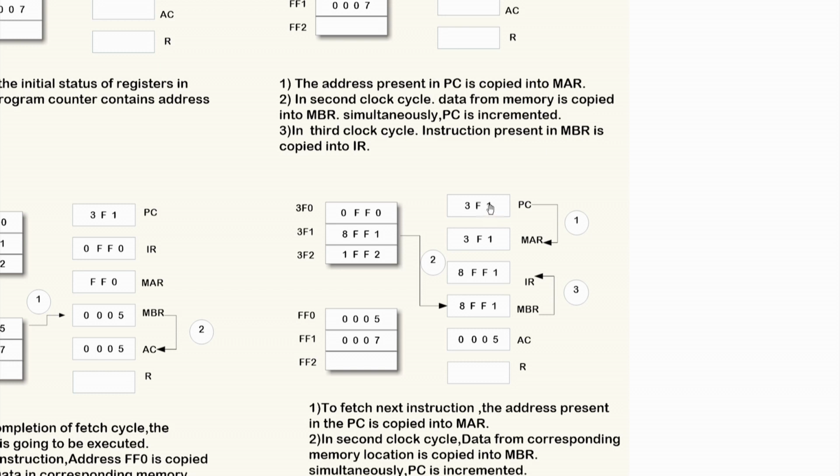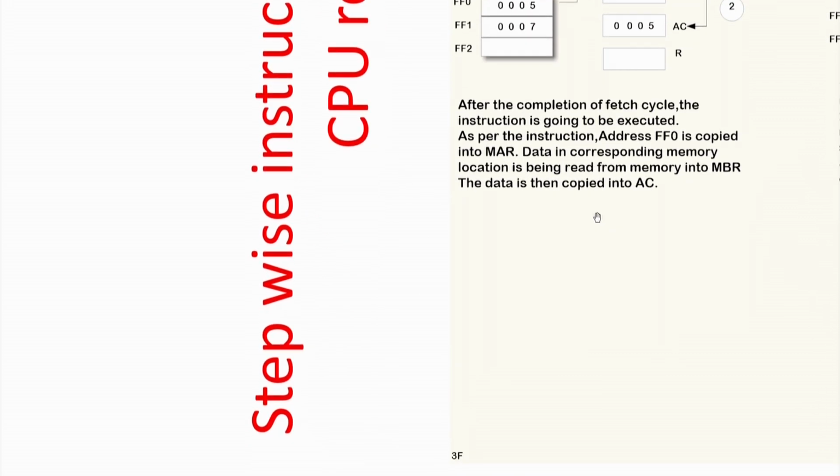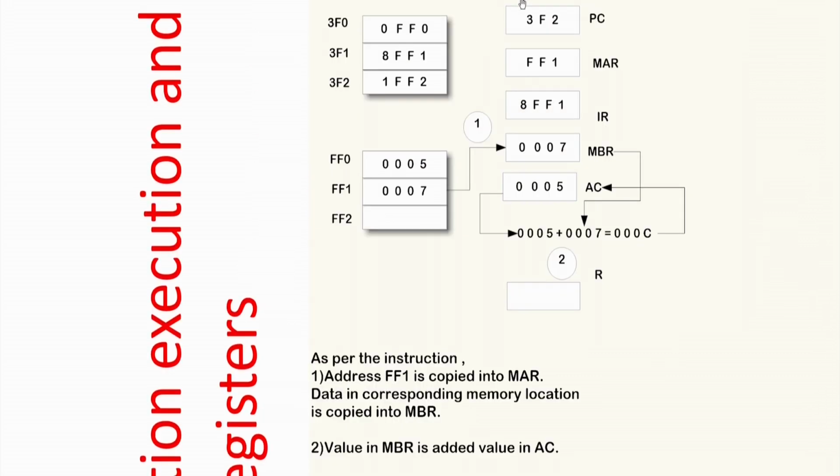You can understand that the program counter has changed to the next instruction to be executed. The next step says that you have to add the value of the accumulator to FF1. 5 was initially in the accumulator, now 7 has been brought to the memory buffer register.